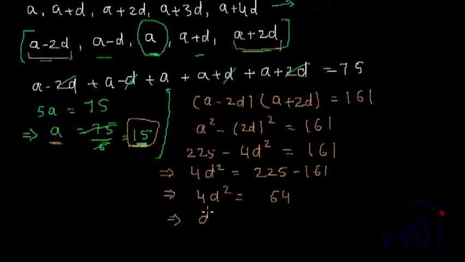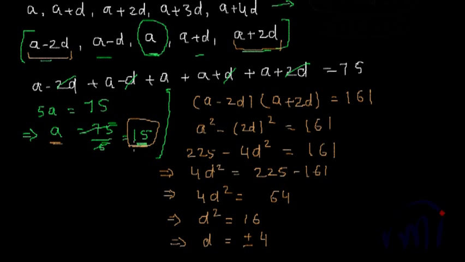We will get d square is equal to 64 by 4, that is 16. And that means if we take the square root from both the sides, we'll get d is equal to plus minus 4, right?